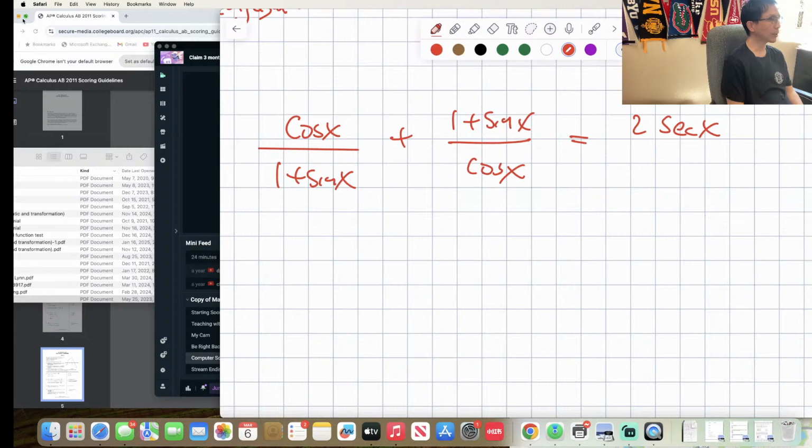Yeah, look for simplification. Always look for simplification. Look for identities. Look for factoring. Look for difference of squares. Look for Pythagorean identities.